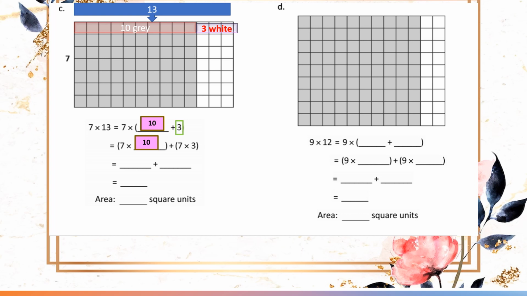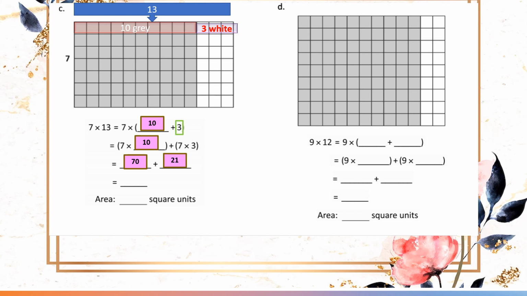So we're going to go ahead and solve for 7 times 10, which is, that's right, 70. And we're going to solve for 7 times 3, which is 21. Very good. Now we're going to add those two numbers together.